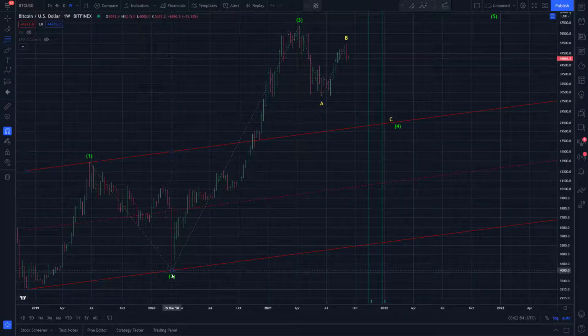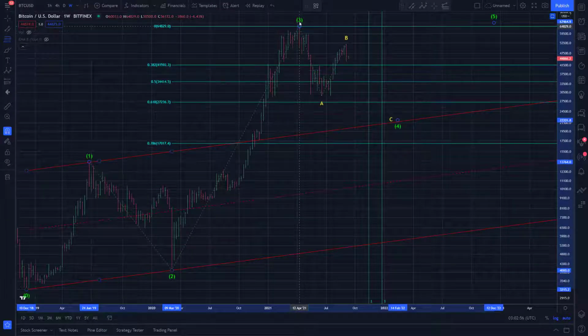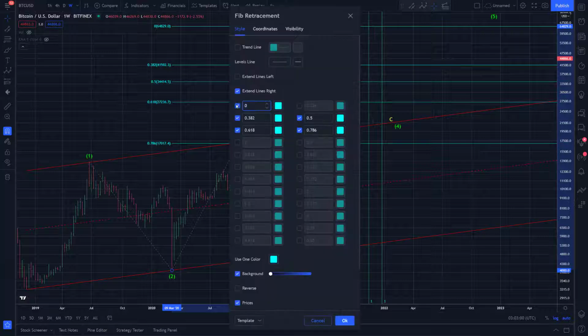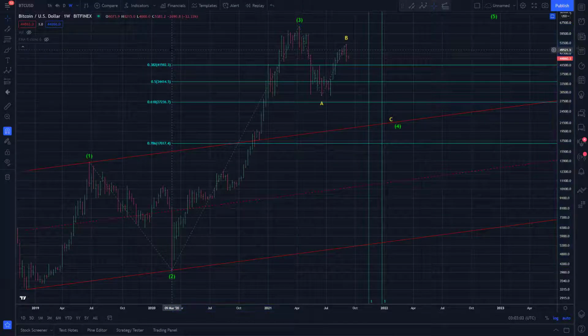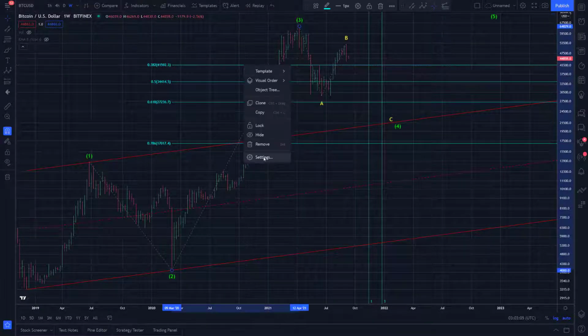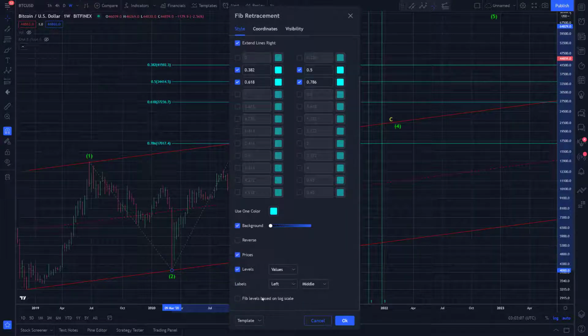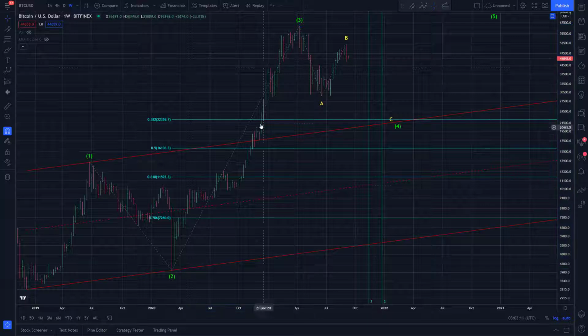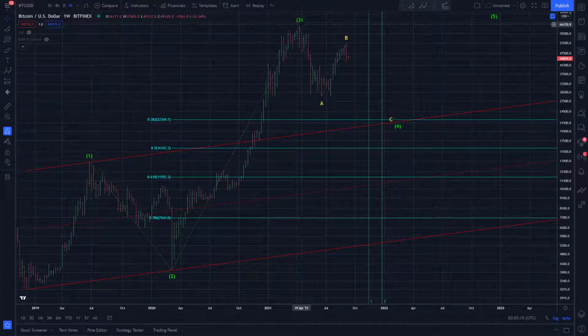We'll do a fib retracement of this third wave. Let me just get rid of the zero level there. Now what we need to do for this to work is put the fib retracement to be reflected in the log scale. Okay, so now that we're doing log scale fib retracements, things start to look a little more interesting.